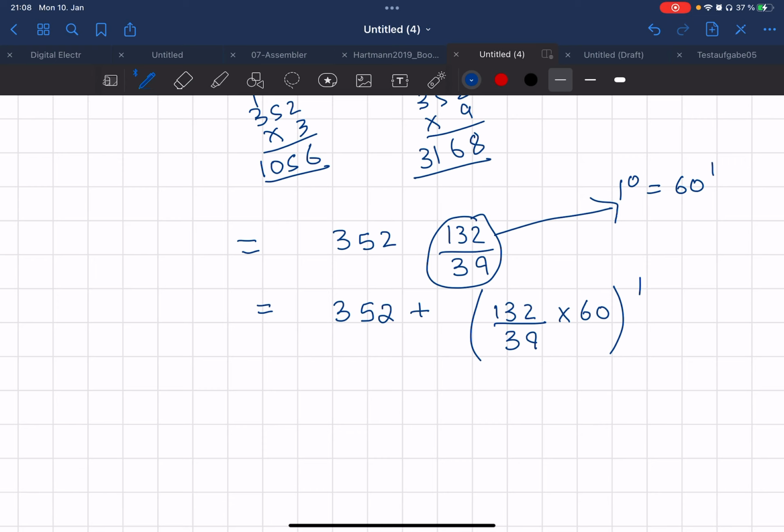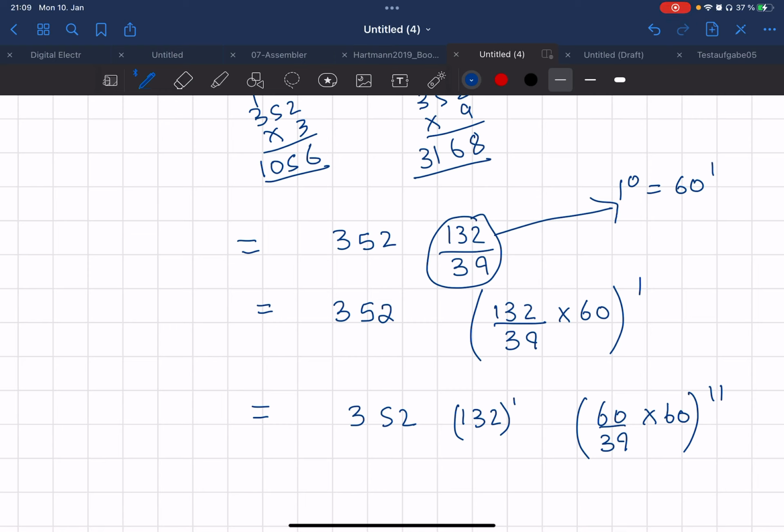All right. So I have got a new term, and I can write 39 degrees and 132 by 352 into 60 minutes. I can take it in seconds too, so you can do it like this also.